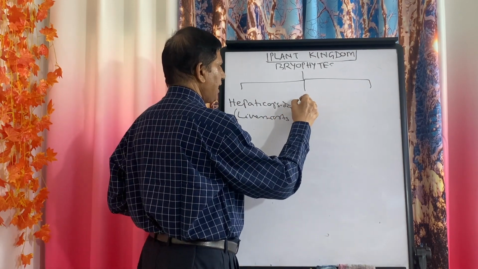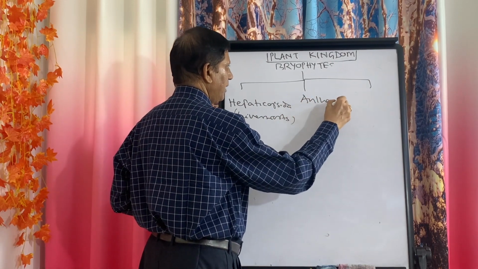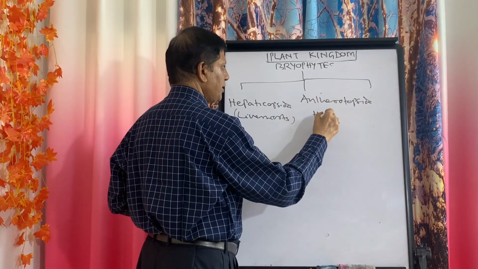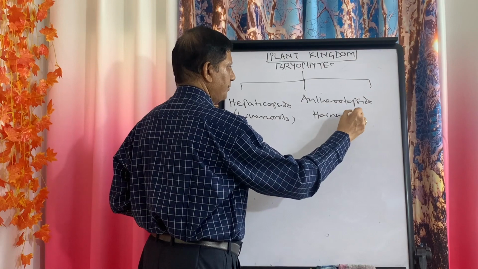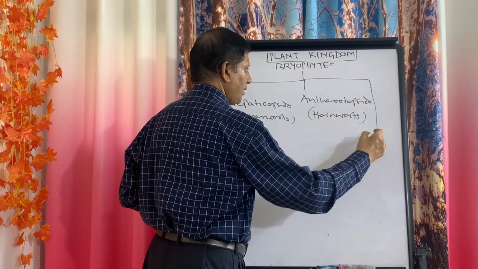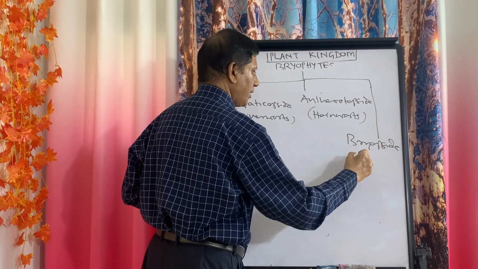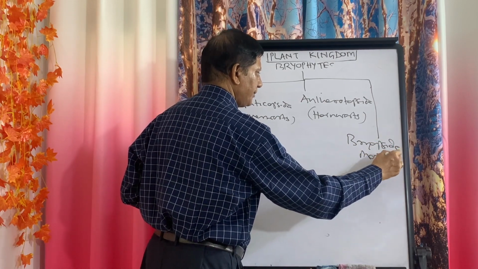The second one is Anthocerotopsida, or hornworts. The third one is known as Bryopsida, or commonly known as mosses.